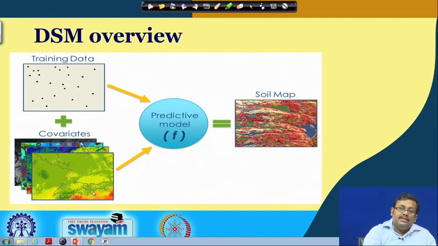Different layers and covariates can be generated from the digital elevation model, or we can gather some other information like soil spectral signature, soil elemental values, so on and so forth, and we will use these covariates plus training data as predictors in this predictive model, and ultimately will produce the soil map, and this soil map will give us higher accuracy as compared to if we use only the legacy soil data. So, this is the overview of digital soil mapping.